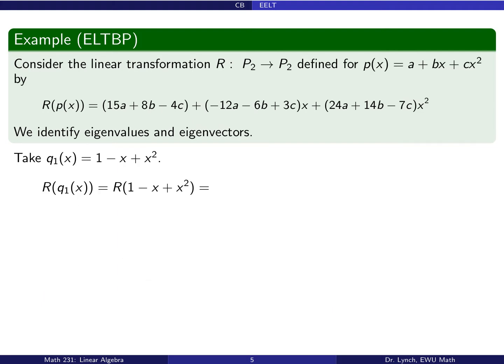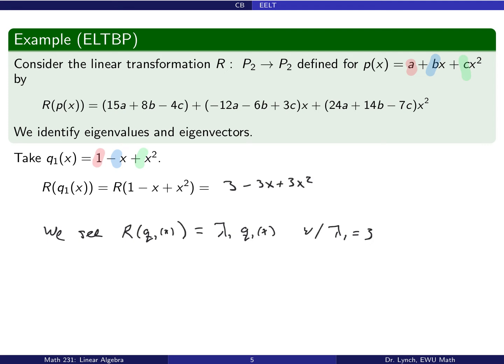Okay, we can play this game on other vector spaces as well. So here is an example on the vector space P2. Let's go ahead and have a look at this transformation R, whose image is given above. So we'll go ahead and substitute 1 for a, minus 1 for b, and 1 for c.